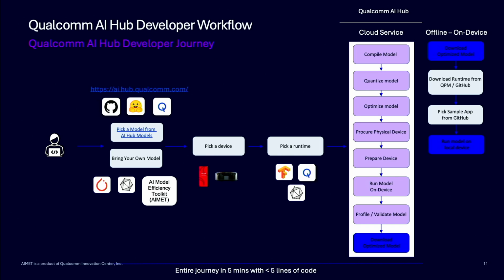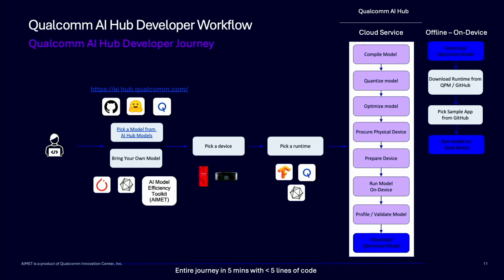For example, if you picked Samsung S24 or a Snapdragon X Elite laptop, then you need to pick a runtime. For Android, let's say we picked TF Lite, then you need to use AI Hub. You can use this model with this device and runtime and submit a compile job, which compiles, quantizes, and optimizes the model, and gives you the asset that you need to actually deploy on device.